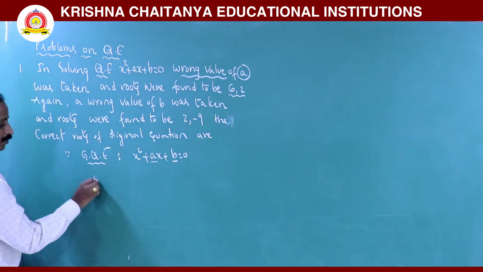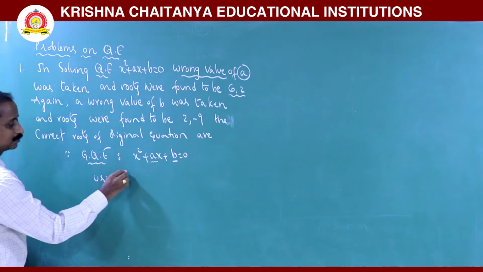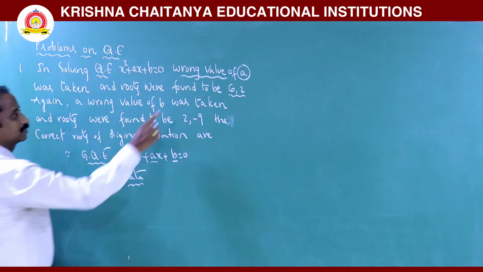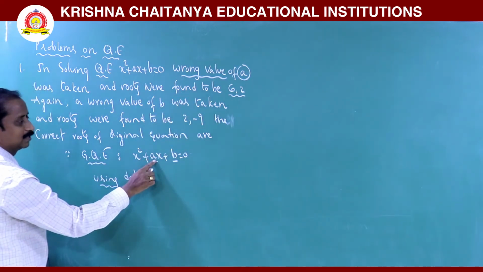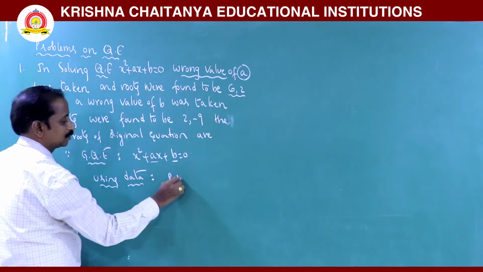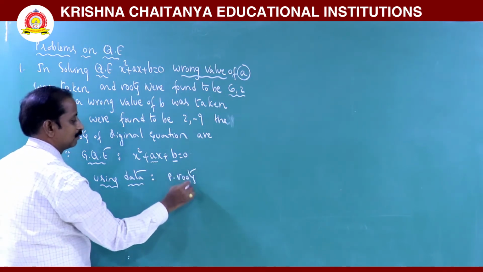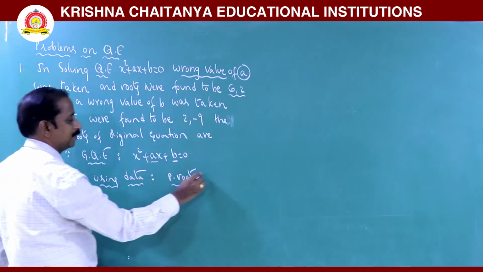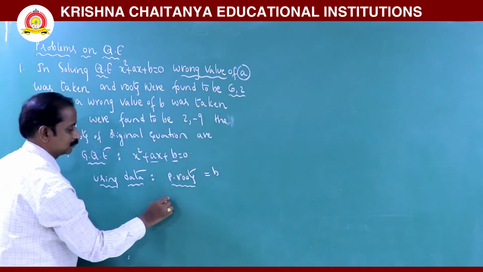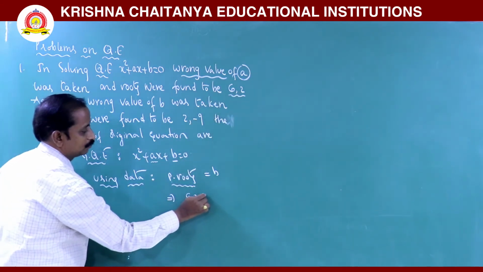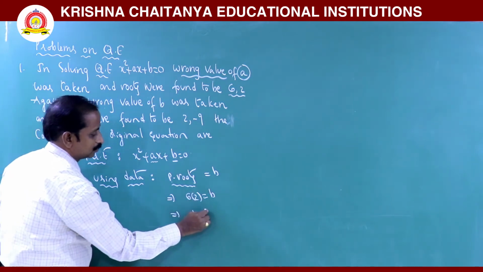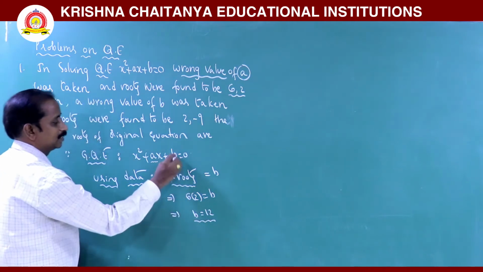So, using the data, the product of roots alpha into beta is nothing but b. The product of the roots is 6 into 2, so 6 into 2 is equal to b. 6 2s are 12. So, the value of b is 12.